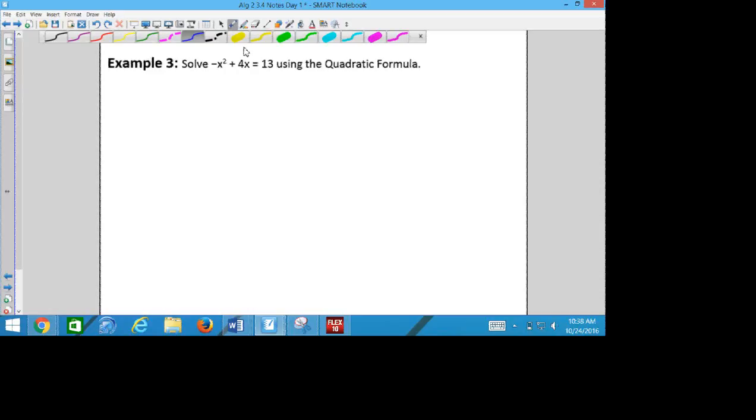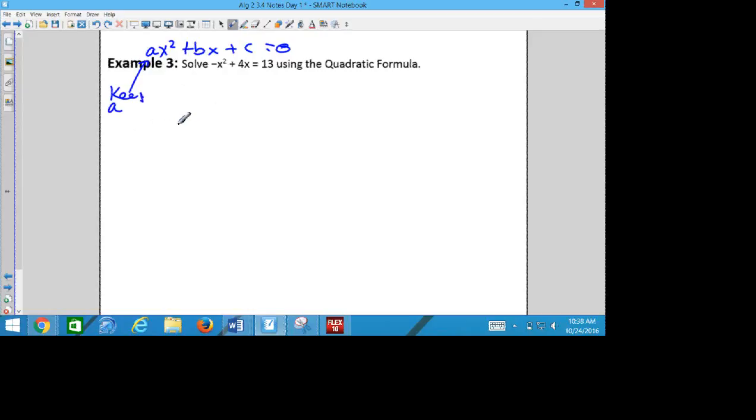We have to put this into the form of ax squared plus bx plus c equals 0. I would suggest that you keep a positive.